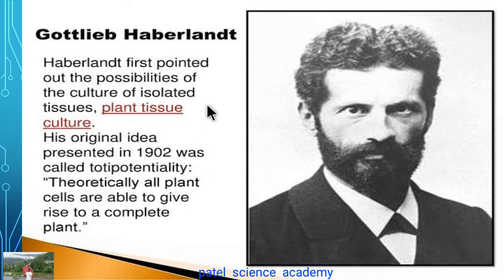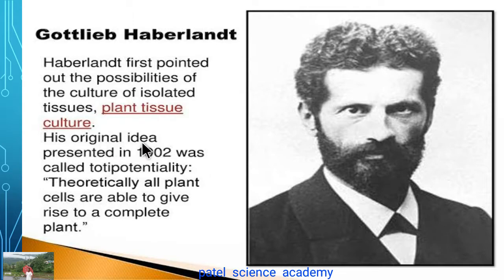By this technique, a small tissue, cell or organ can be isolated from any part of the plant, and if that isolated part is cultured in in vitro condition, it will be able to produce the whole plant from that small part. This is a very interesting technique, and it is called plant tissue culture.